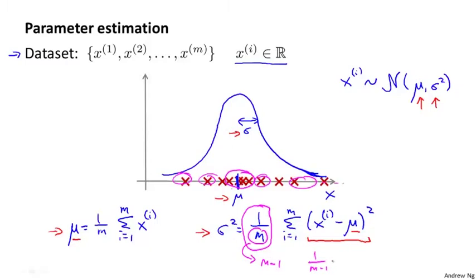So just in case you've seen the other version before, either version works just about equally well, but in machine learning, most people tend to use 1 over m. The two versions have slightly different theoretical and mathematical properties, but in practice it makes very little difference, if any.